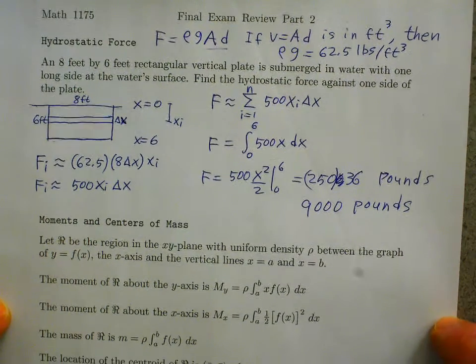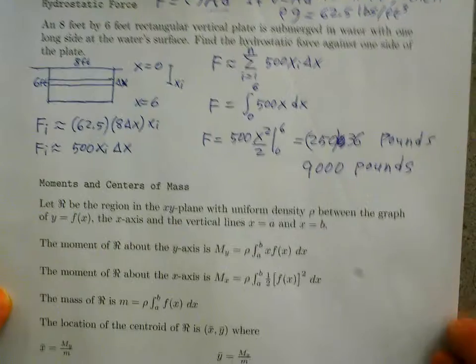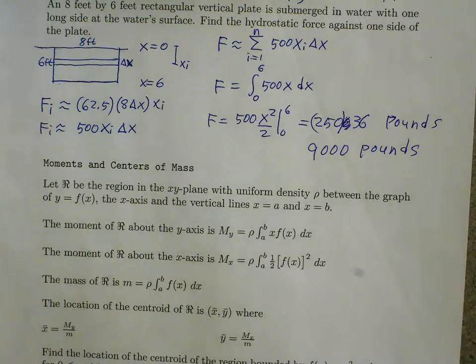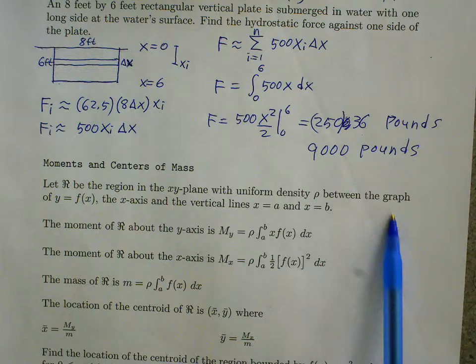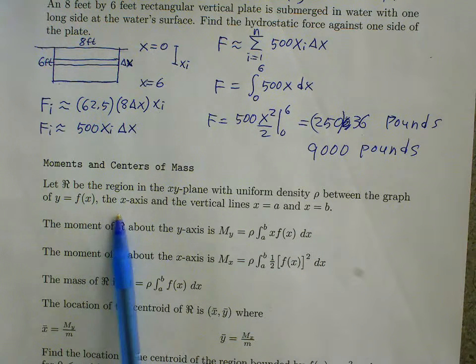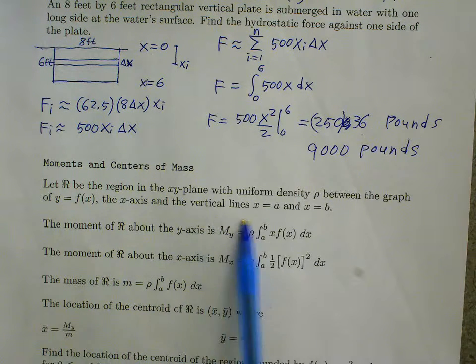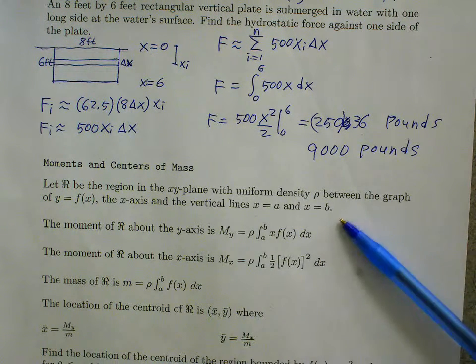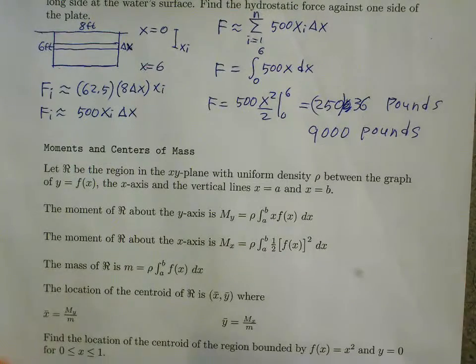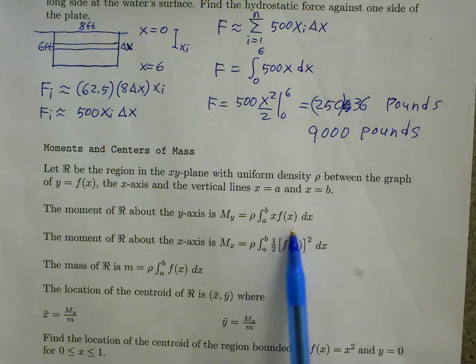Okay, then moments and centers of mass. So these are the formulas for that. Let R be the region in the xy plane with uniform density rho between the graph of y equals f of x, the x-axis, and vertical lines x equals a and x equals b. The moment of the region R about the y-axis is M sub y equals rho times the definite integral of x times f of x dx from a to b.